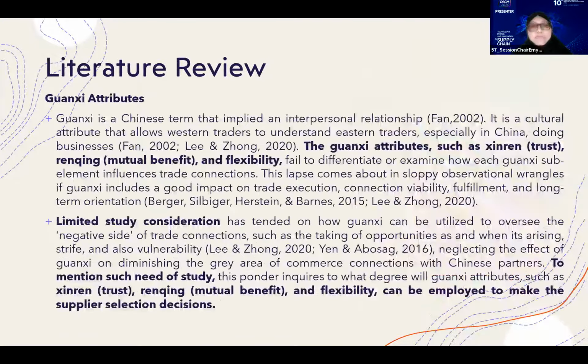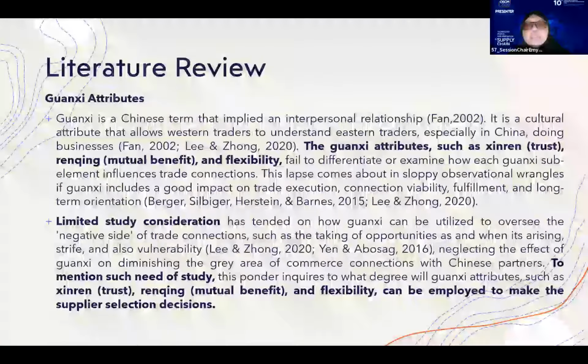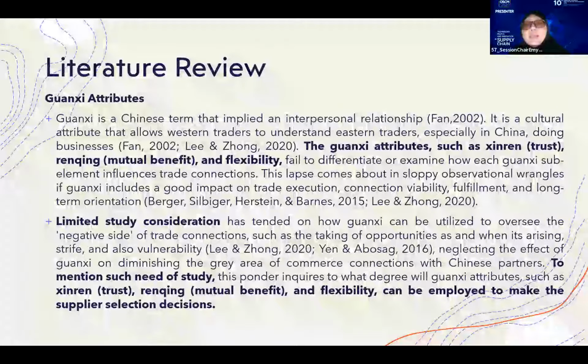And then basically, from that trust, it comes to the underlying factor of trust in line with one Chinese term, GUANXI, in regard to the interpersonal relationship. I found it interesting because in GUANXI, the interpersonal relationship, Fan is one of the earliest to publish a paper on the usage of GUANXI in research.